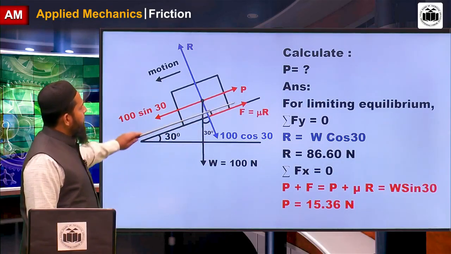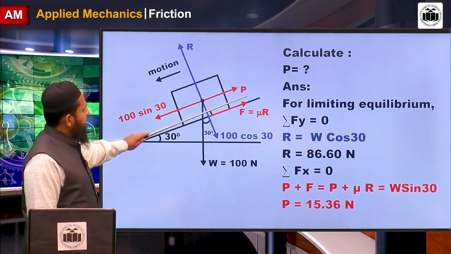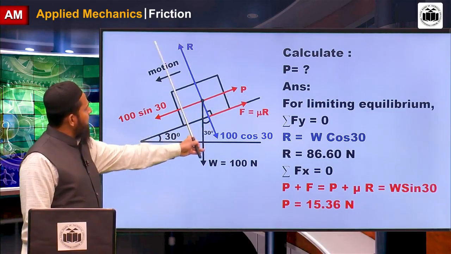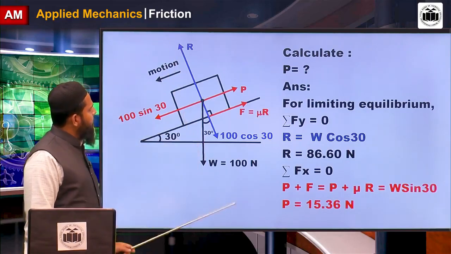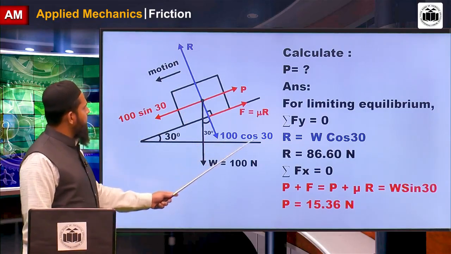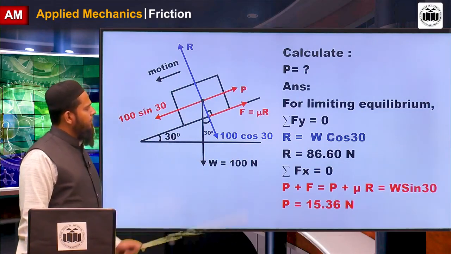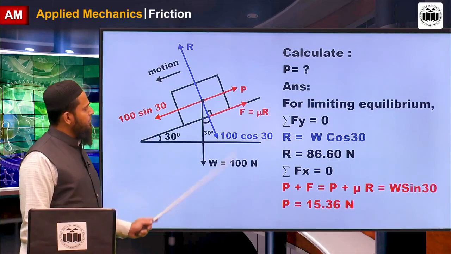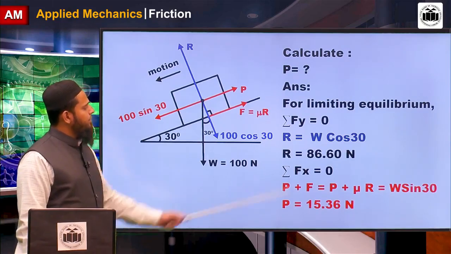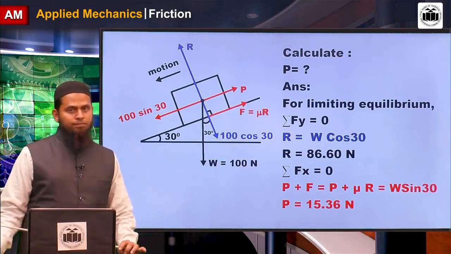Why? Because our X is along the plane and Y is across the plane. So, resolve 100 cos 30 and 100 sin 30. What is the P? To just stop the motion, 15.36 Newton is the pull.